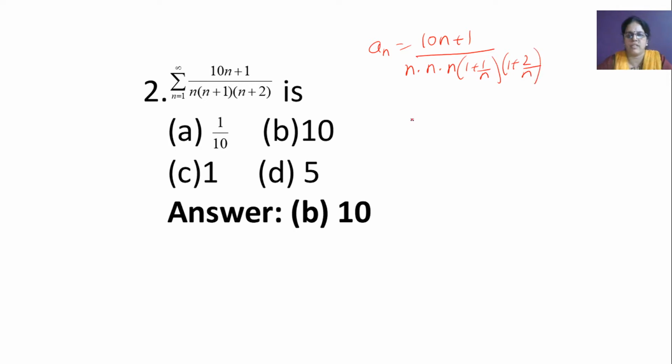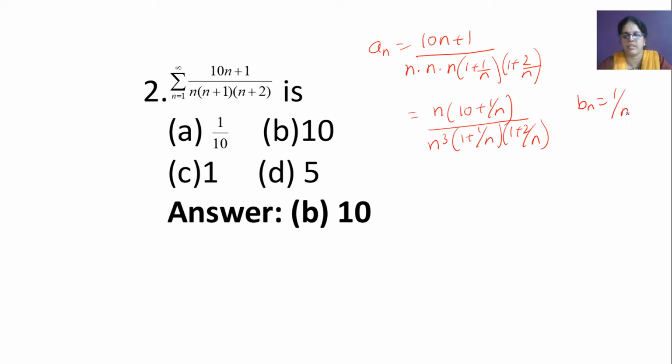So we can see that it is n into 10 plus 1 by n divided by n cube into 1 plus 1 by n into 1 plus 2 by n. So the highest power of n remaining after cancelling in an is 1 by n square. So we take bn also 1 by n square.